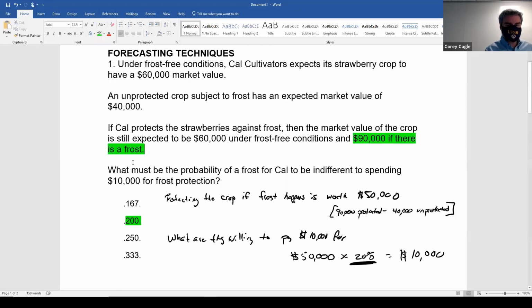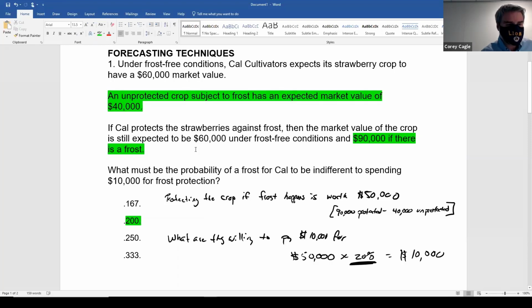If there's a frost and it's unprotected, there we go, it would be 40,000 is what we can get out of it. So we stand to gain 50,000 by protecting. So that's the whole idea.